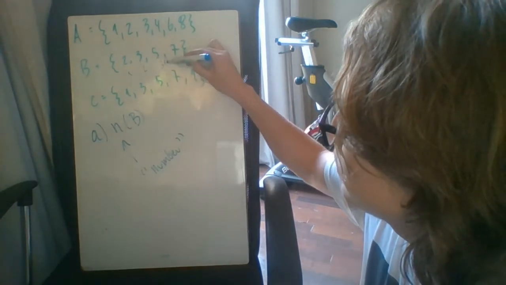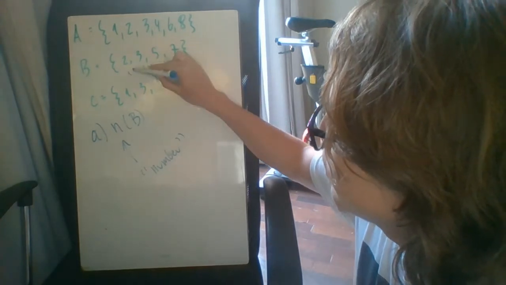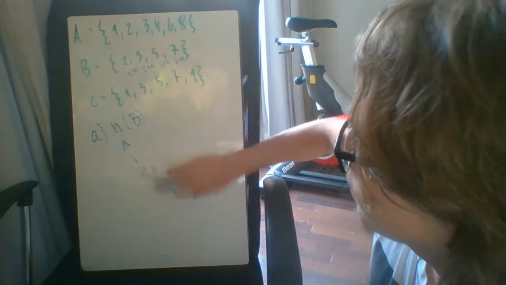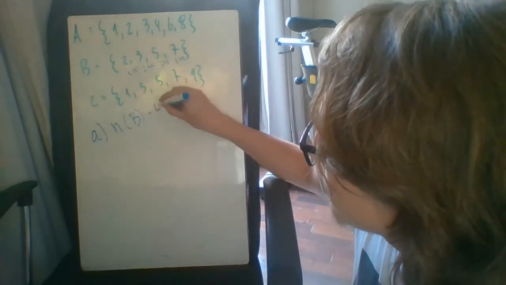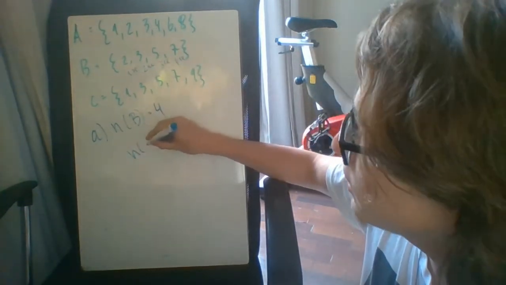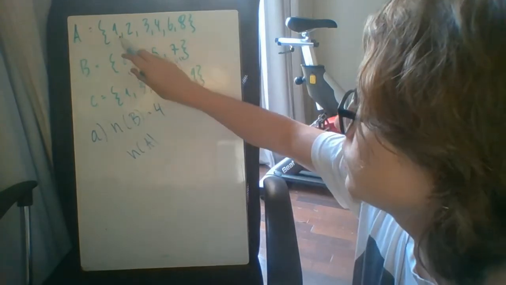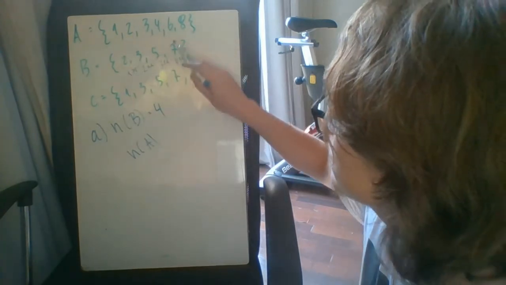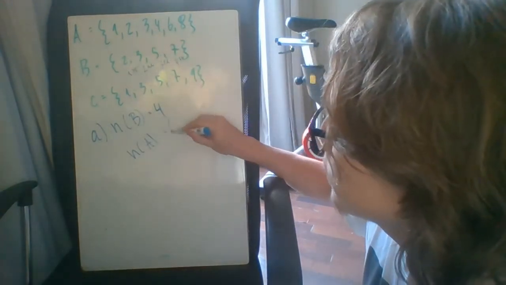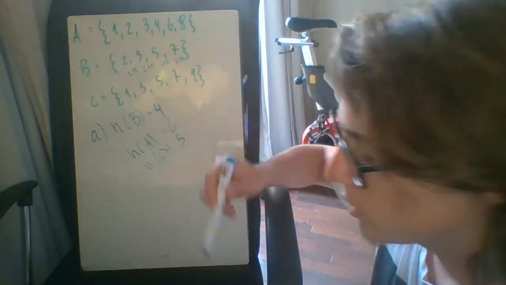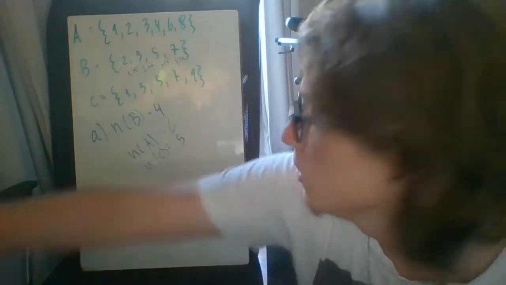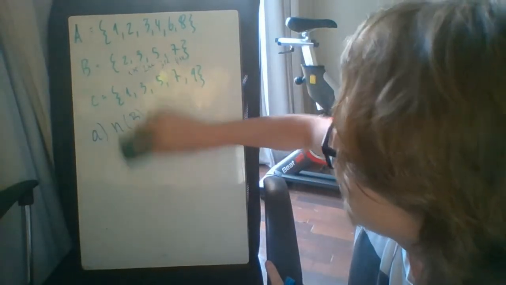So n of B is going to be 4. And just to practice, n of A has 1, 2, 3, 4, 5, 6 elements, and n of C has 5. So it's the number of elements. That would be part A.